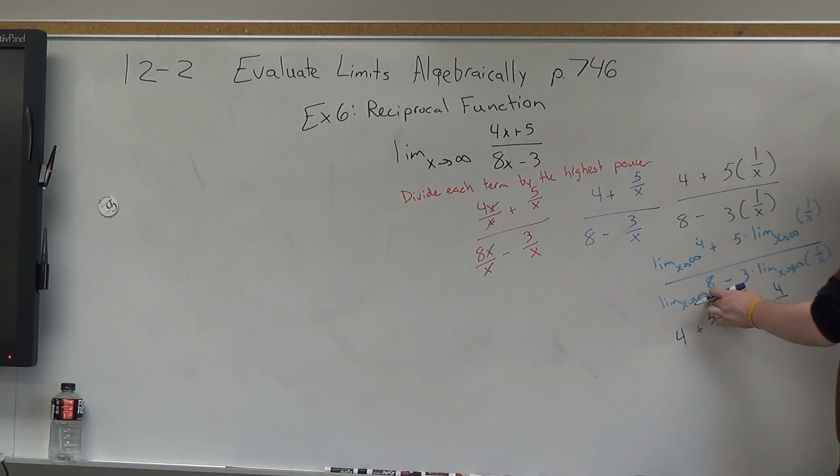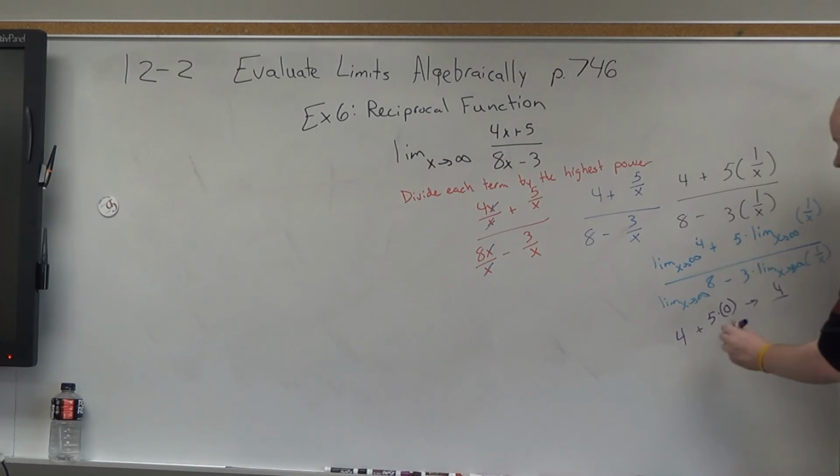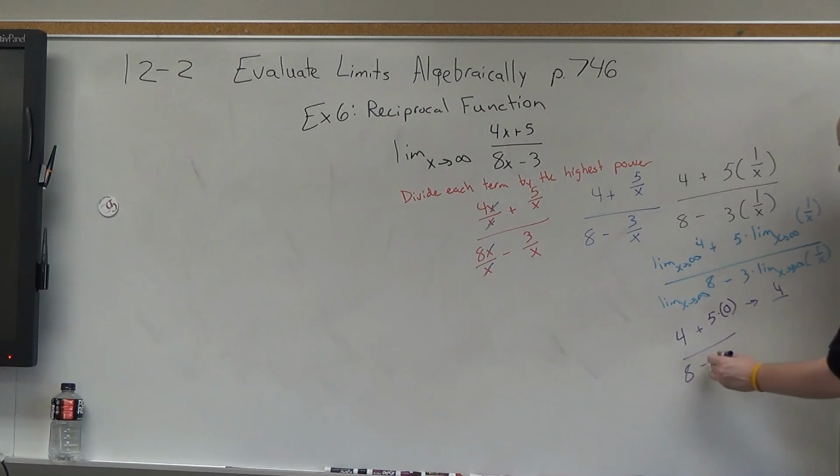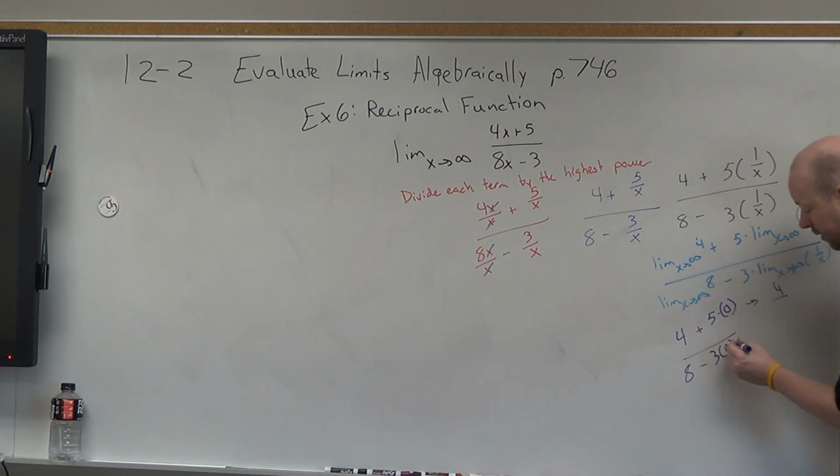The limit as x approaches infinity of 8, well again, the limit as x approaches anything with no x to plug it into is just that constant, so I get 8. Then I get minus 3 times the limit as x approaches infinity of 1 over x, reciprocal being 0, so 3 times 0. 8 minus 3 times 0 is just going to give me 8. 4 divided by 8, my limit is actually 1/2.